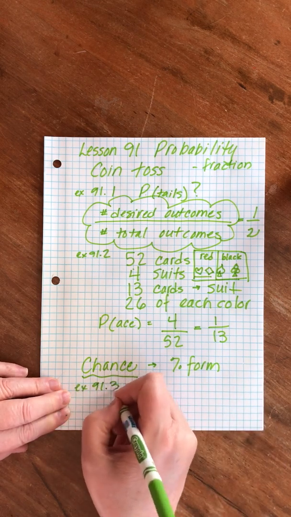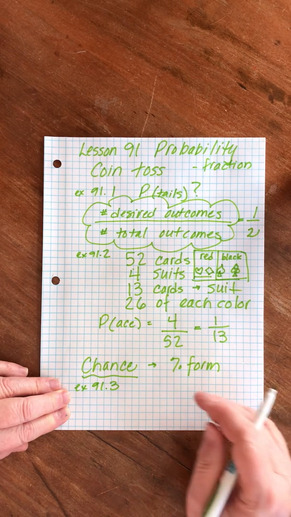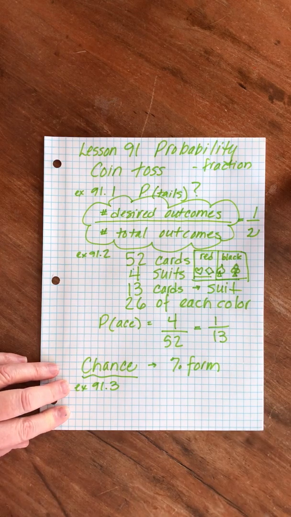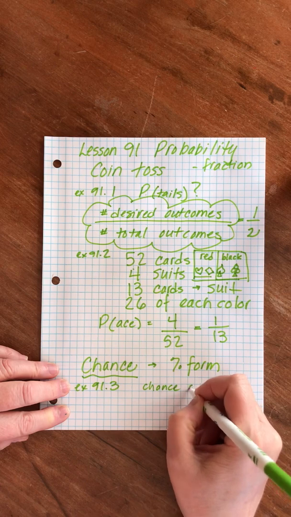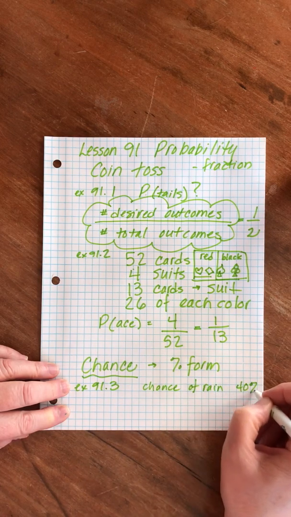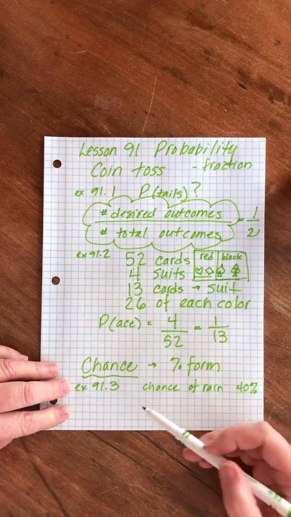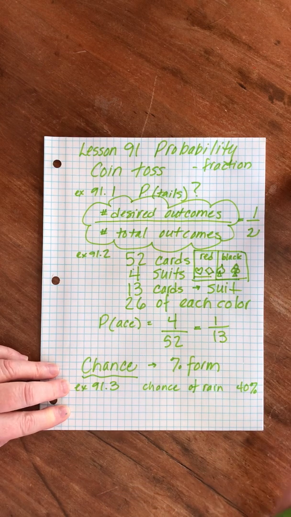The weather report stated today that the chance of rain on Tuesday is 40%. What is the chance it will not rain? Chance of rain is 40%. Now this is the kind of problem that would have driven me crazy because I'd be like, well, is there a chance of snow? Is there a chance of sleet? That's not the question.